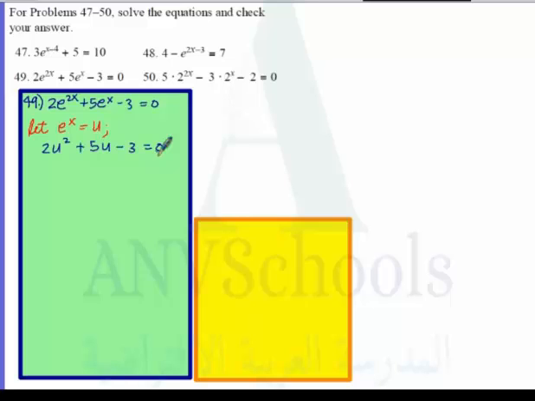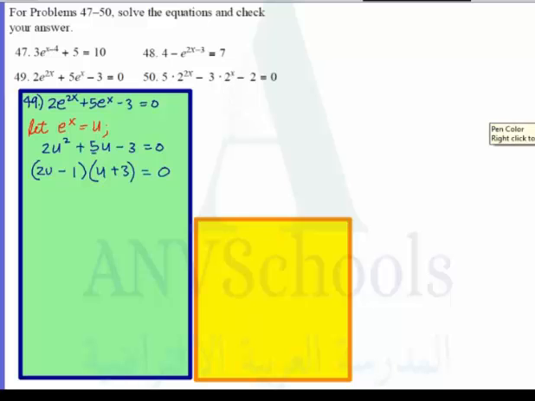Now, is this factorable? Let us see. Can this be factored? So let's say we have 2u, and we have u here. And what are the factors of negative 3 that makes it positive 5 in the middle? So we have plus 3 and minus 1. Am I correct? So therefore this is factorable.